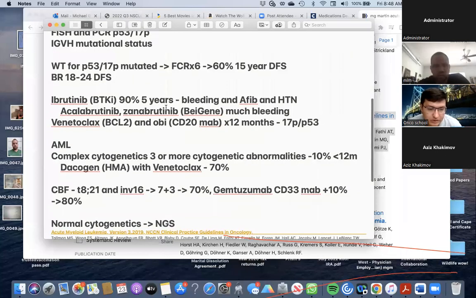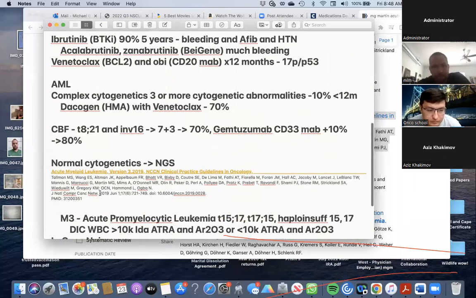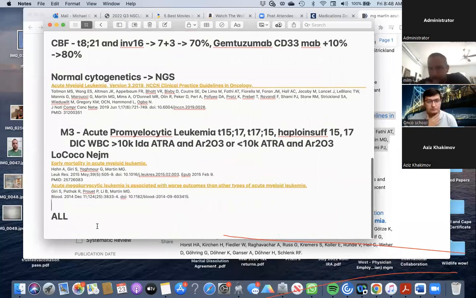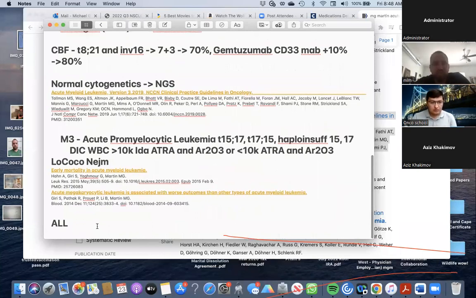Yes, good. So ALL is much, much more complicated and really should be treated by people who treat ALL all the time. Treating ALL as a one-off is really, really dangerous because ALL is a very resistant and nuanced disease.